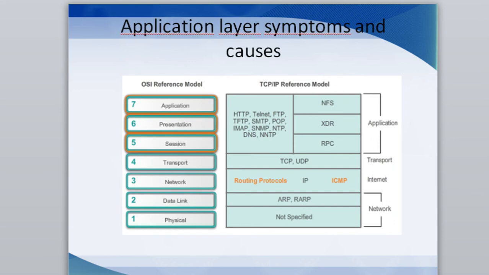And here we have the OSI reference model, and next to it the TCP/IP reference model. As we know, they have the same goal. They are differently structured, but they have the same, let's say, levels.